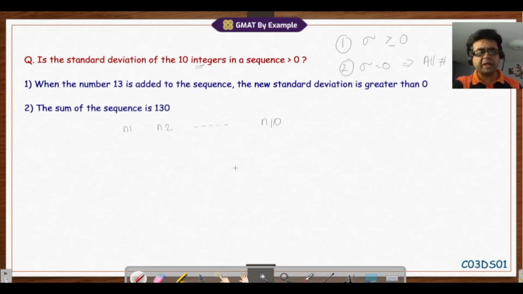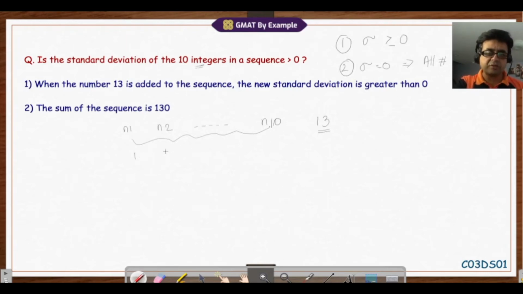We don't know anything about these 10 numbers, and what the statement first gives me is that I am adding 13 to this sequence, and the new standard deviation is greater than 0. What does that mean? It means that all of these numbers could be anything. All we know is that 13 is different from all of these numbers, or at least one of these numbers.